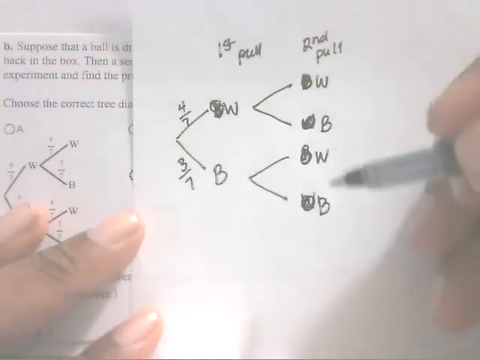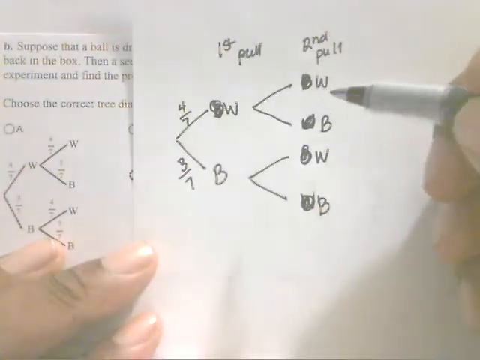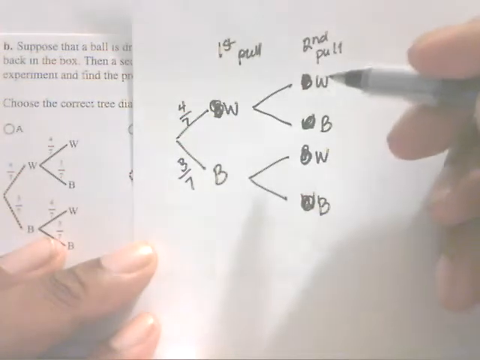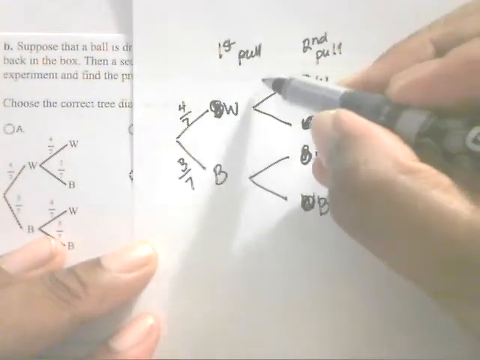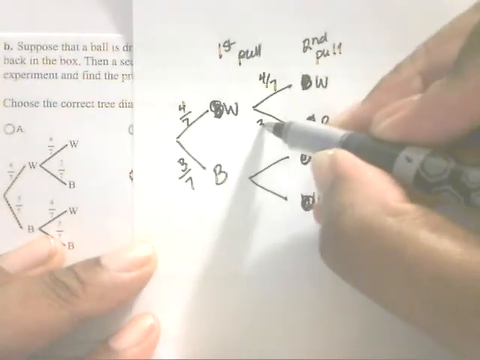It really doesn't matter which one I put first. On the second pull, I still have 7 balls in there, so pulling a white ball in the second draw will still be 4/7, and for the black ball, it's still 3/7.